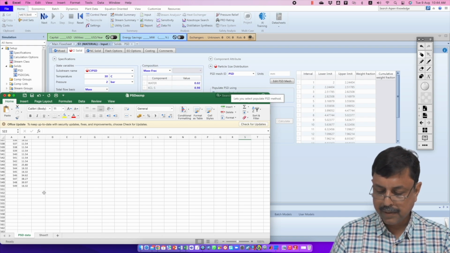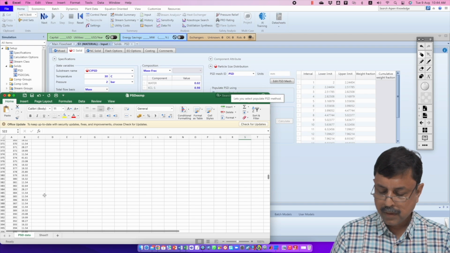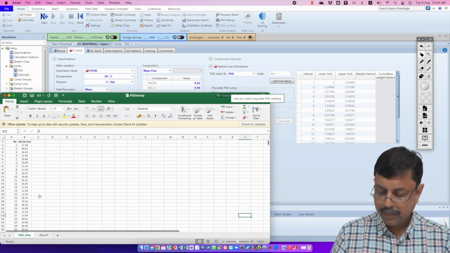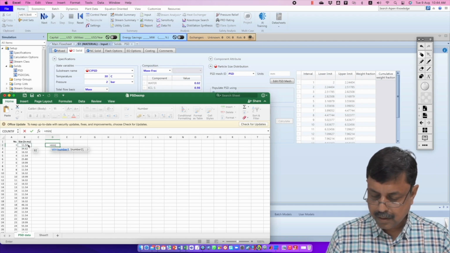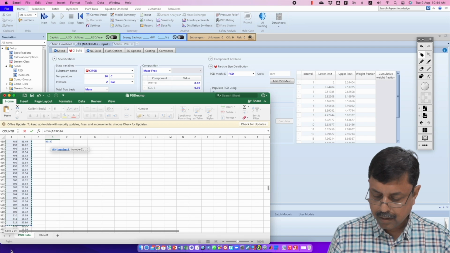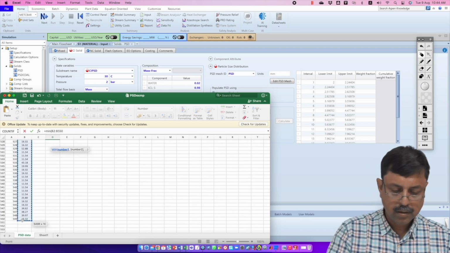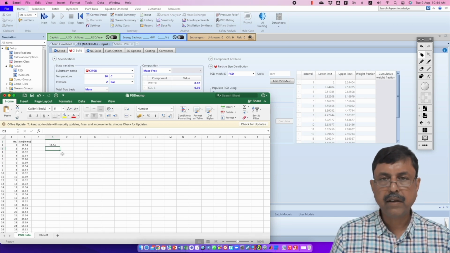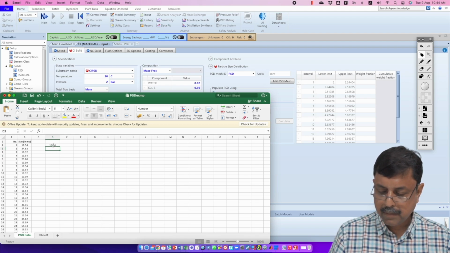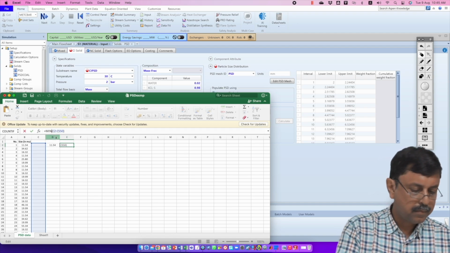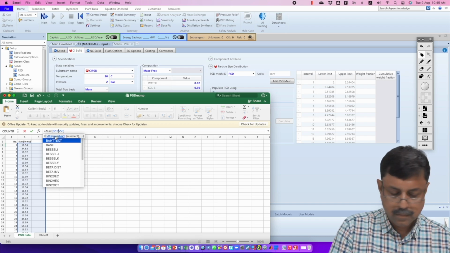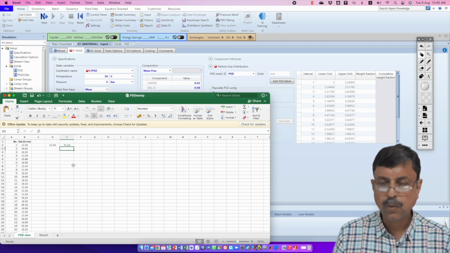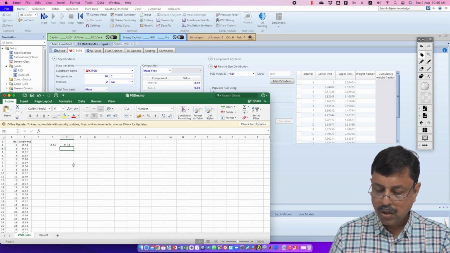So I have 549 samples, and the sample ranges between, say, the minimum value of 11.54 and the maximum value of 71.13. So these are the minimum and maximum values of the size.